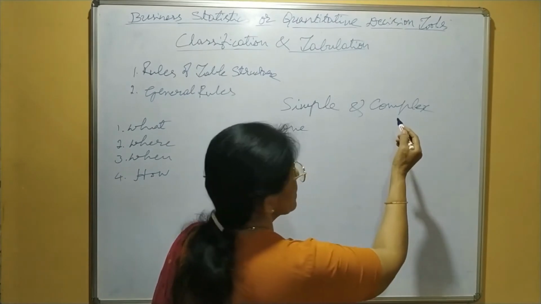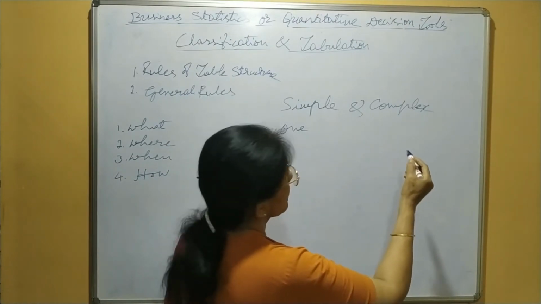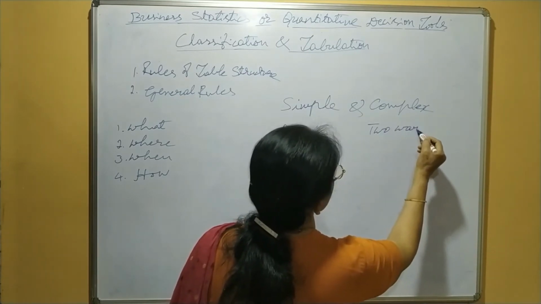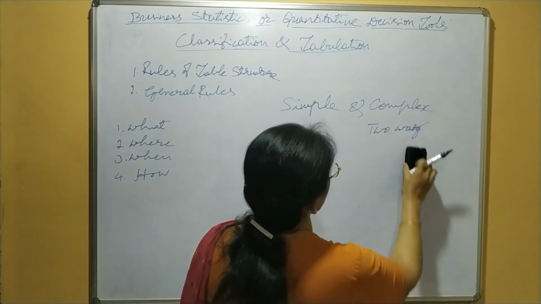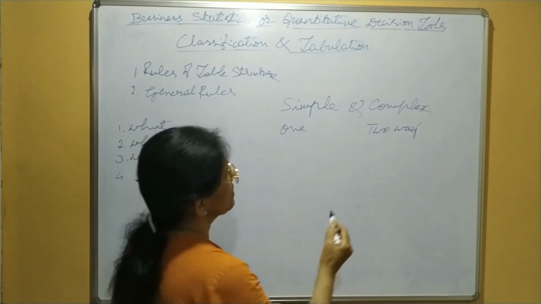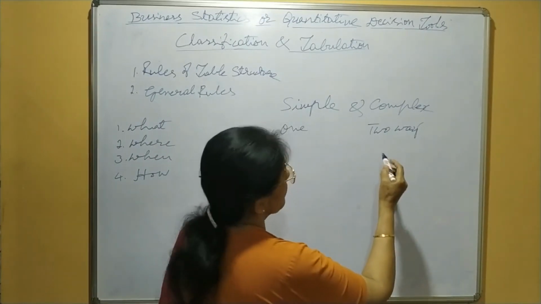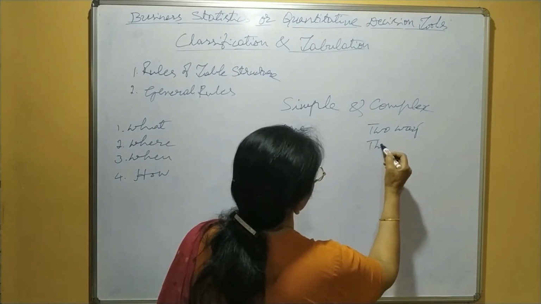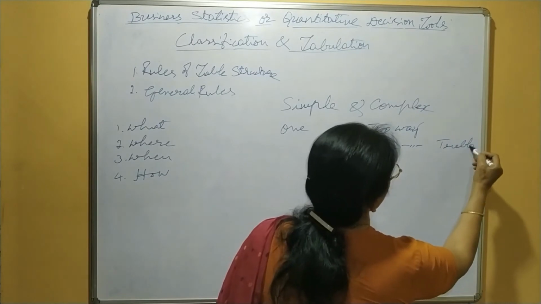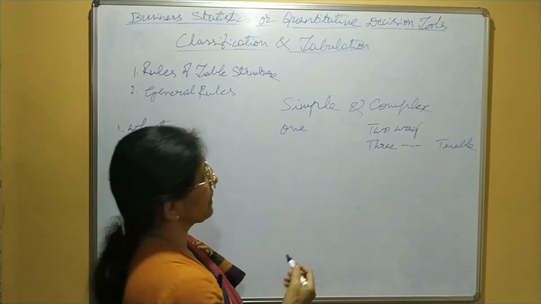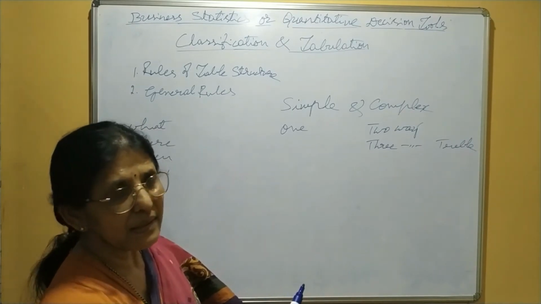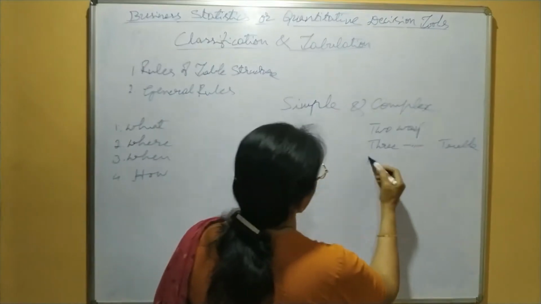If we consider 2 characteristics, then we say two-way table, or it is also called a bivariate table. If you consider 3 characteristics, then it is called a three-way table or treble table. If you consider 4 or more characteristics, then it is called a manifold table.